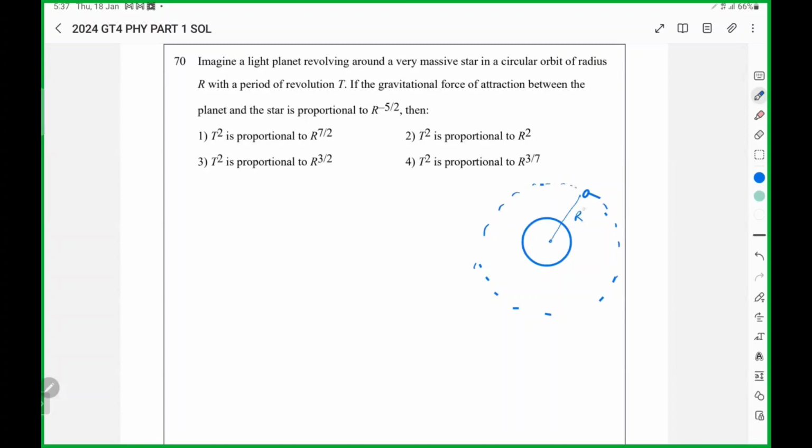So here, gravitational force of attraction provides the necessary centripetal force that is proportional to r power minus 5 by 2. So here m r omega square is proportional to omega. M is also constant.